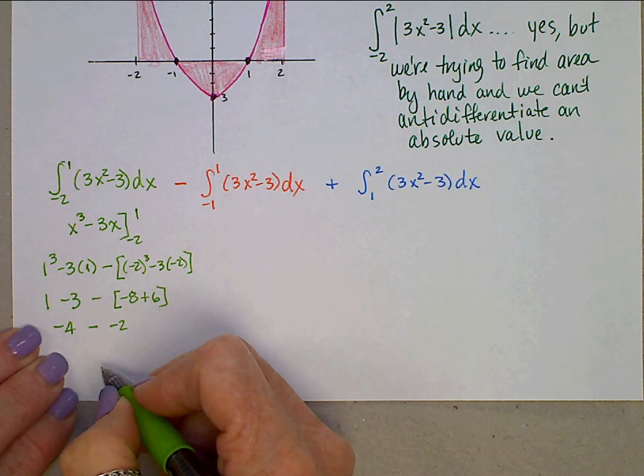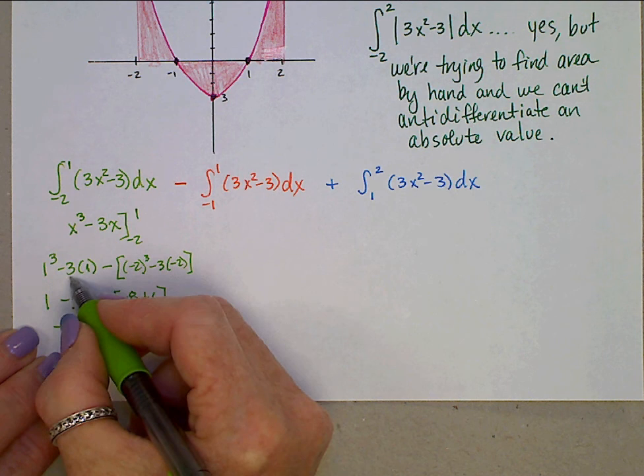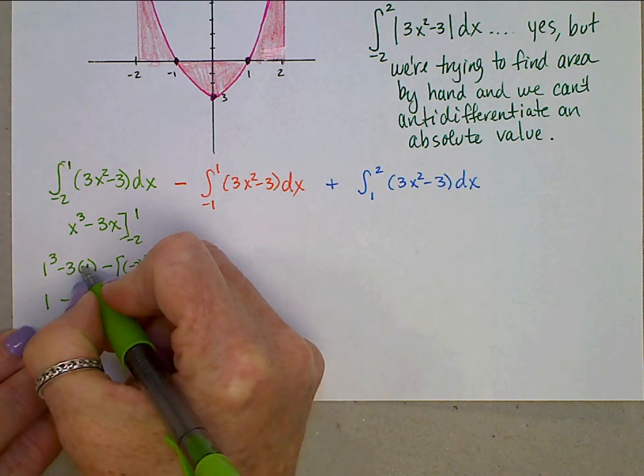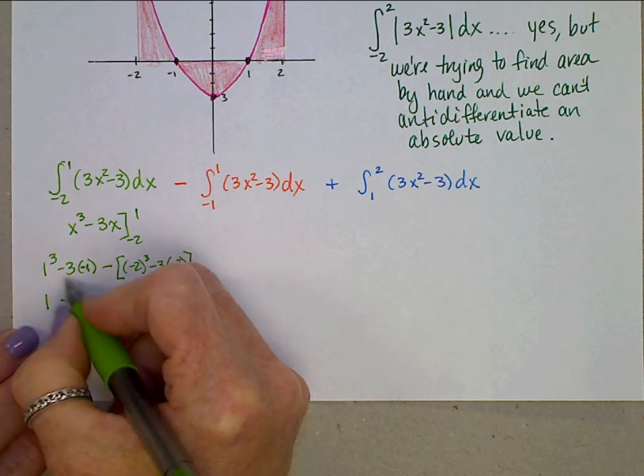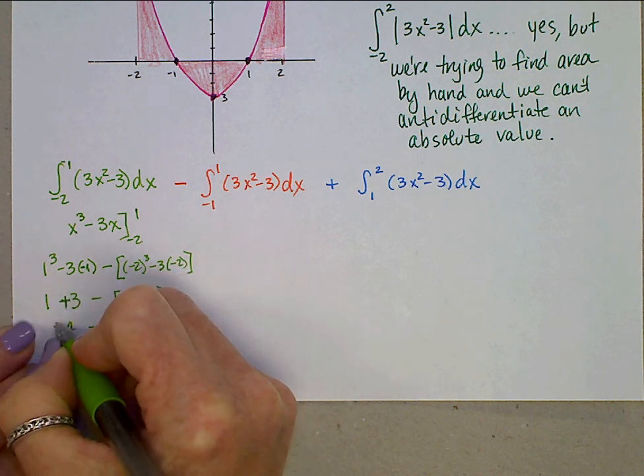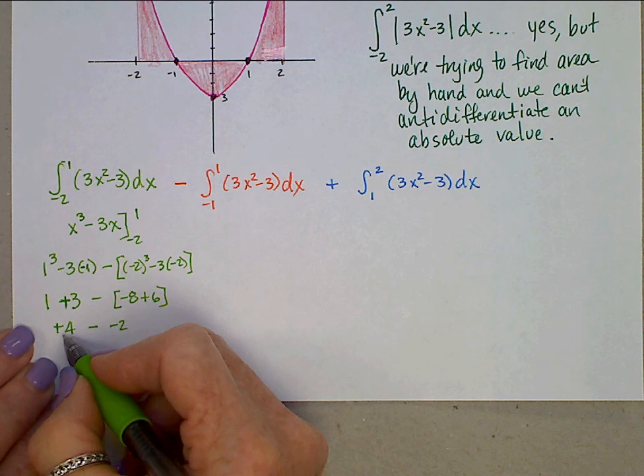Uh-oh. Oops, 3 times -1. I knew I wasn't supposed to get a -4 here. I'm sorry.